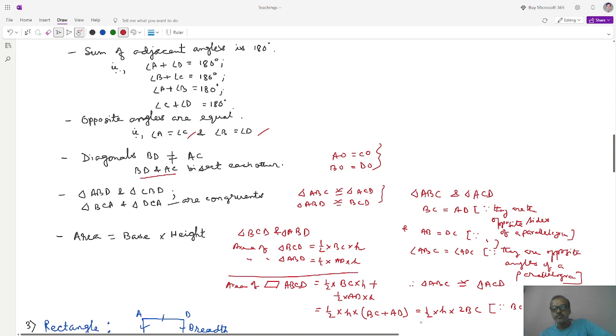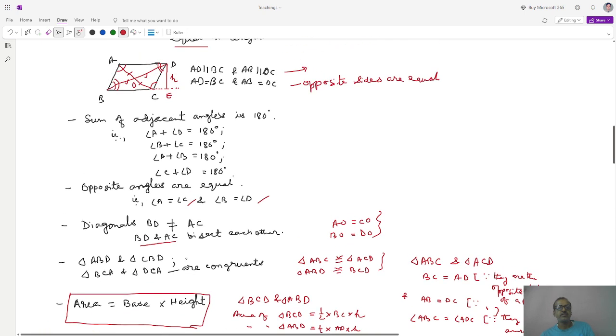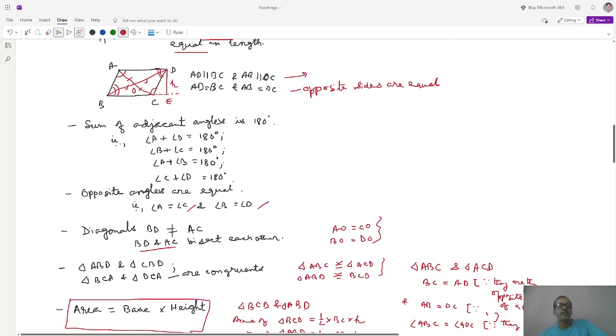So H into BC, that is one of the bases. So the area of a parallelogram equals base into height. Which one is the base? Related to the height: if we take this height, then the base will be either BC or AD.